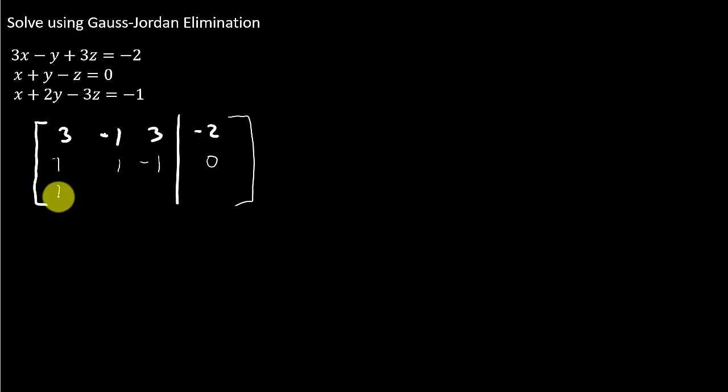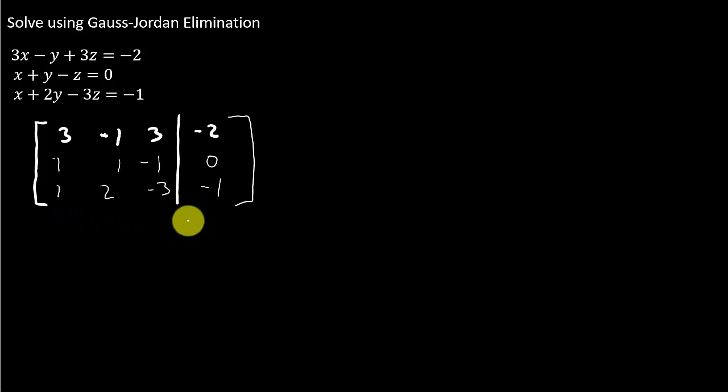And then we've got 1, 2, -3, -1. So basically it's the 3, -1, 3, and then the equal sign, that's where the line comes in, and then -2, and then 1, 1, -1, 0, that's this row, and then 1, 2, -3, -1, and that's this row.